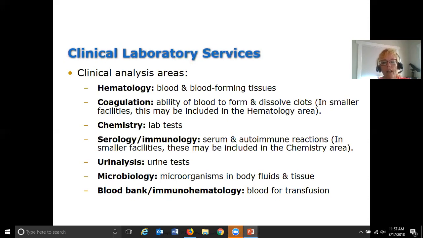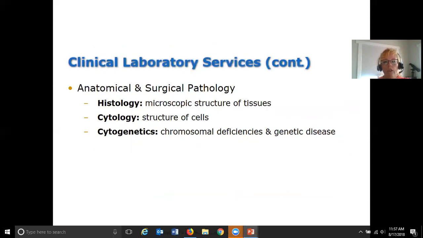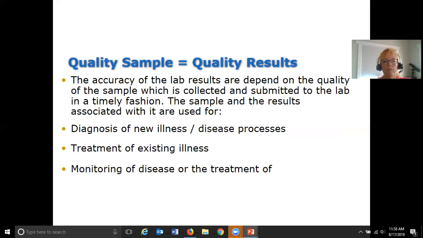So you can read there what each section is responsible for. In the anatomical and surgical pathology, the categories are typically histology, cytology, and cytogenetics. So these are all branches of laboratory medicine that you need to be aware of.